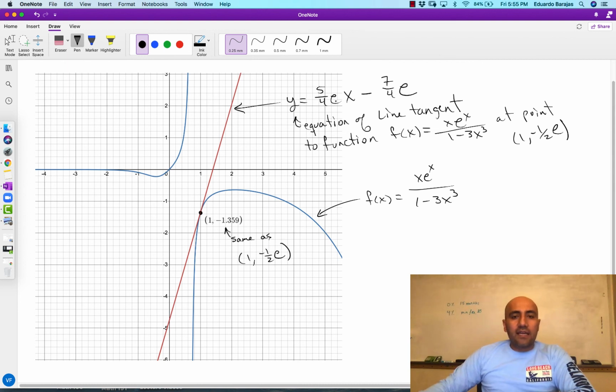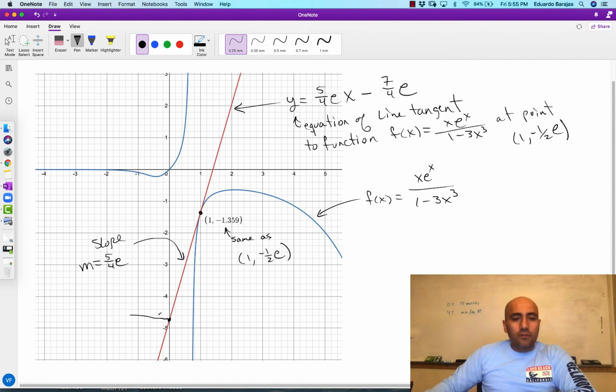And of course, it's got slope, just to be super clear, m equal to 5/4 e, that's the slope. And the y-intercept is this thing, which is going to be somewhere over here.